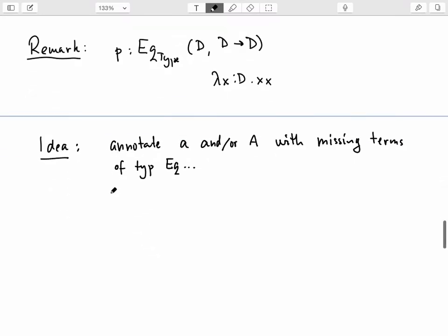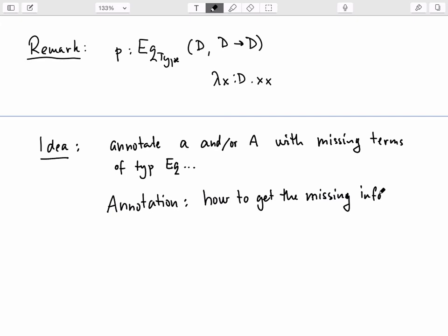So the annotation has to tell me how to get the missing pieces. The how is important, not what the missing pieces are. If I just tell you what the missing pieces are, that's useless.